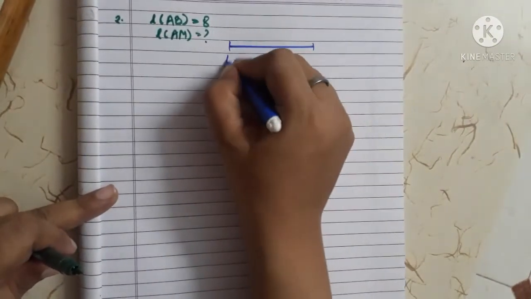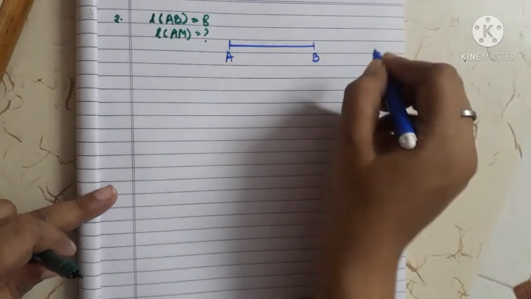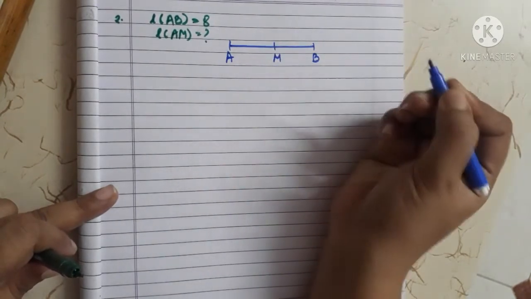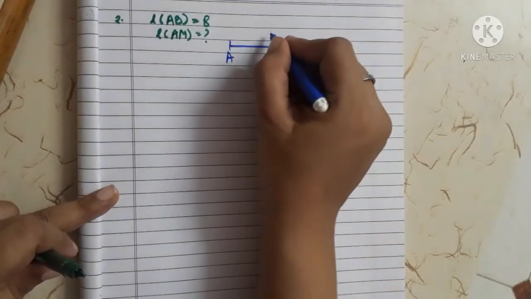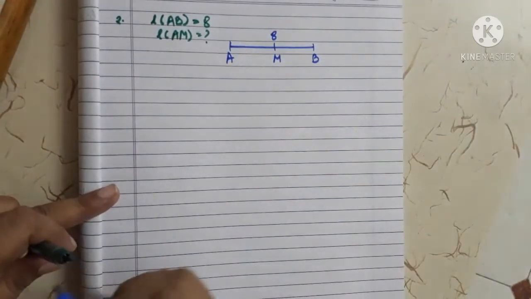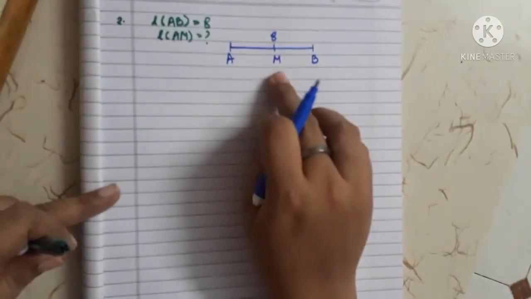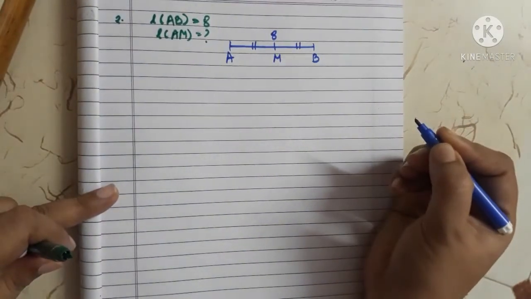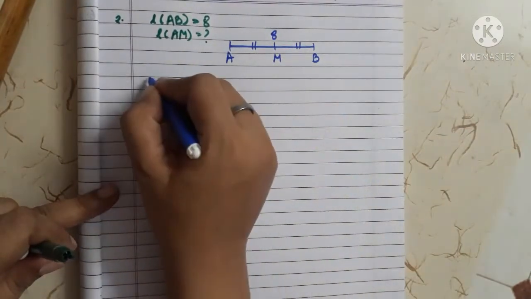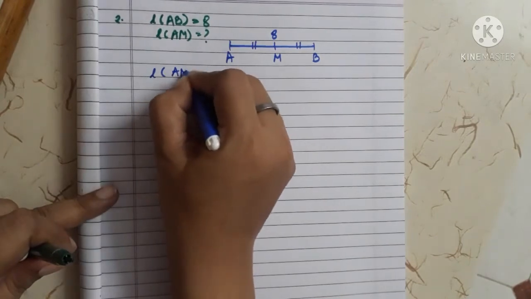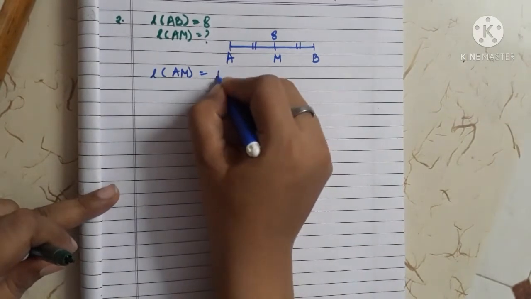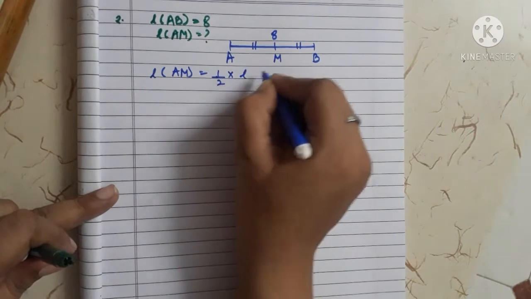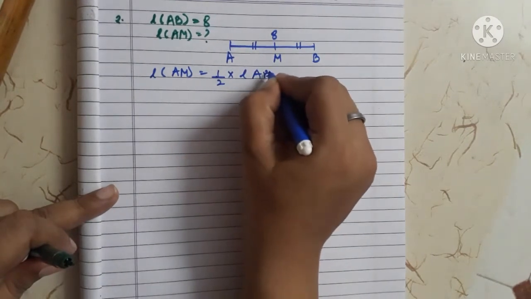The length of AB is given and M is the midpoint. The total length of AB is given 8. Okay, and M is the midpoint. That means AB is divided into 2 equal parts. Okay, so to find out length of AM, it will be what? Half into length of AB.